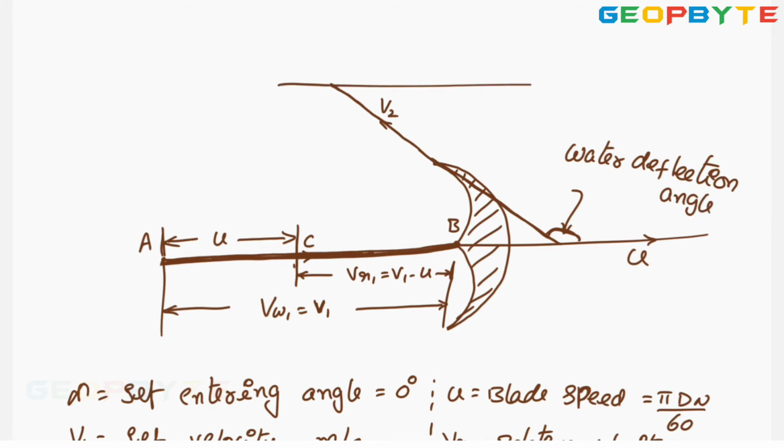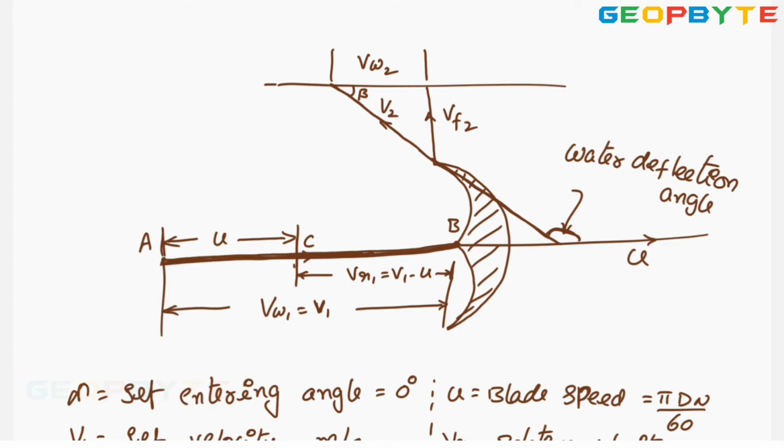Since the water leaves with a velocity V2 at an angle beta at the outlet, two components of velocity develop. This is the vertical component, Vf2, also called flow velocity, and this is the horizontal component, also called whirl velocity at outlet.